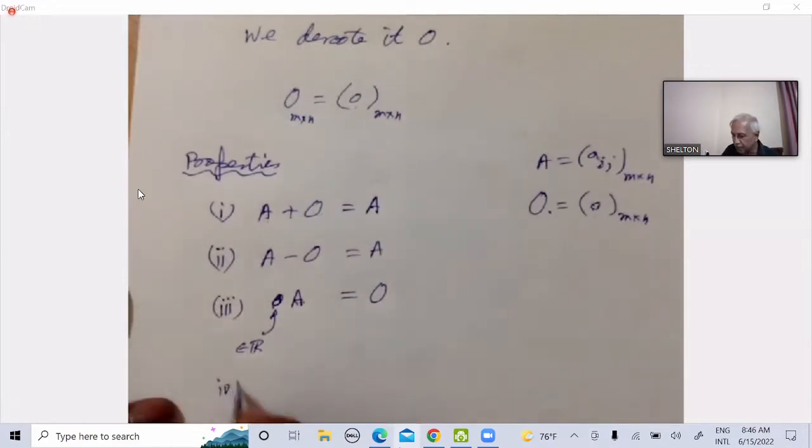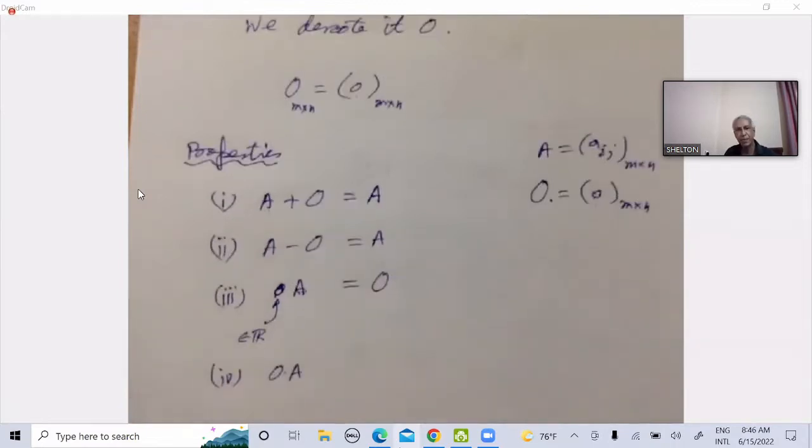Fourth one, O times A. So what should this be? If A is an m by r matrix, this O should be r by n.